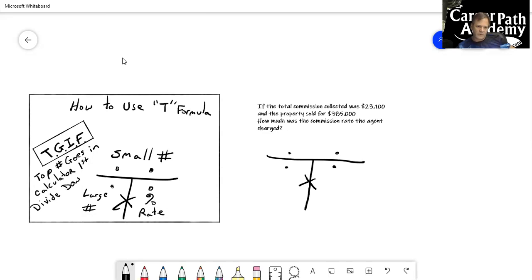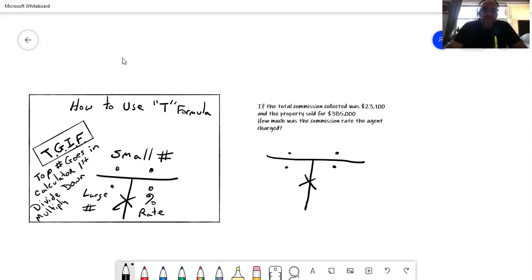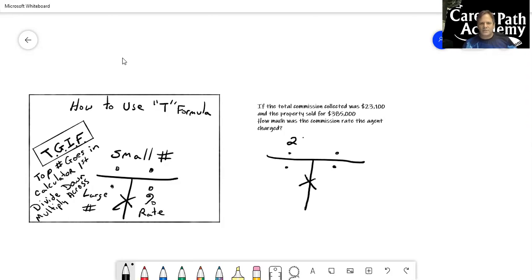Divide down. So the 23,100 will go on top since that's the smaller number. 385,000 will go into the left box. So we'll divide the top into the bottom. The $23,100 goes up top because that's the smaller number. Small number always goes up top, and then we put the large number on either side.